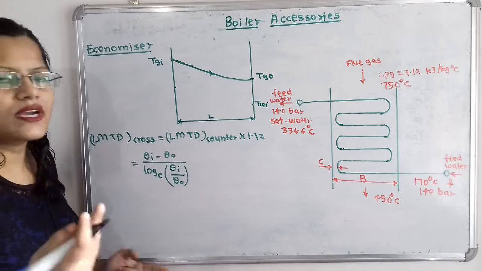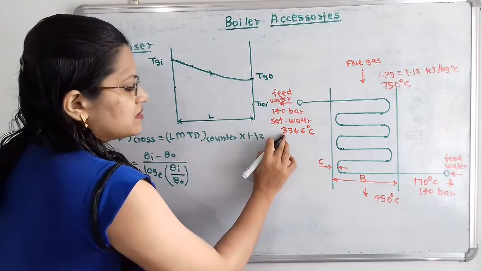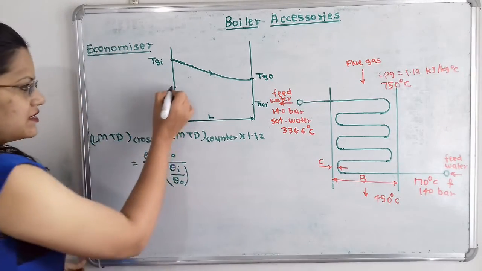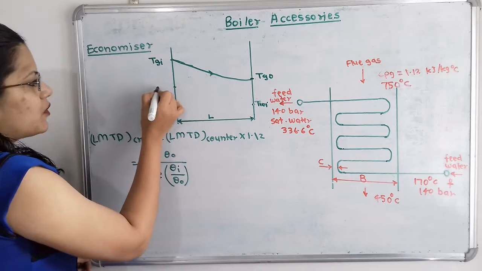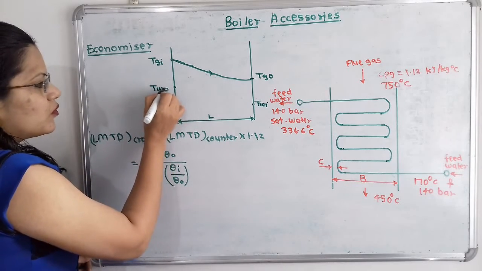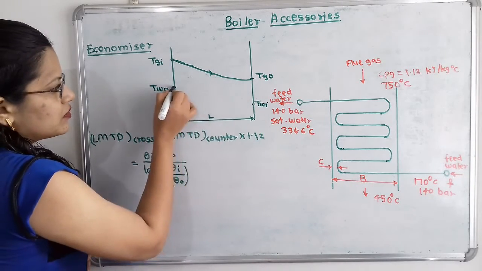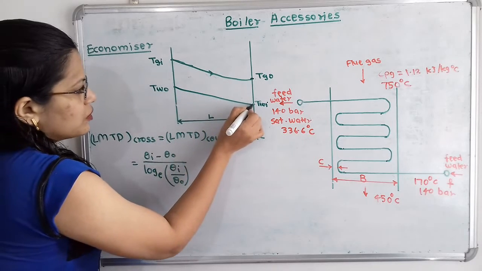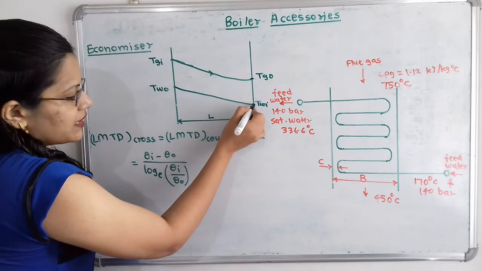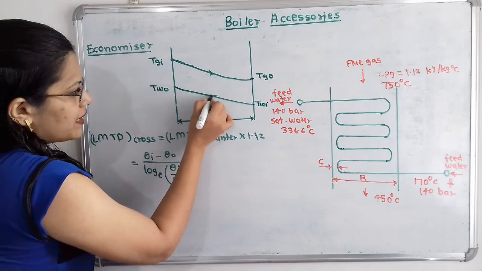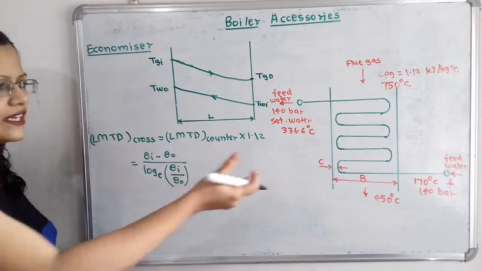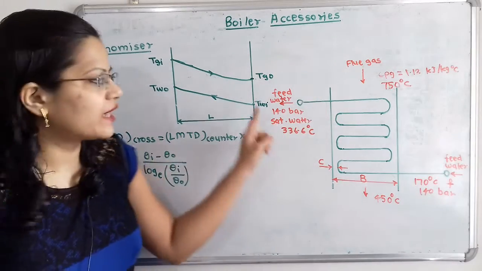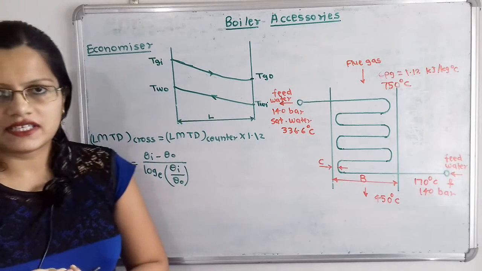And what is the outlet feed water temperature? That is 336.6 degrees Celsius. So here I will plot TWO. So the feed water is moving from inlet to outlet, and the arrow is here. As the heat is absorbed from the flue gas, its temperature is increasing.